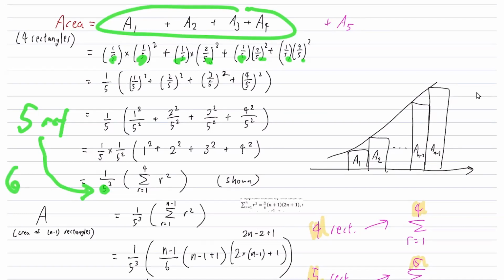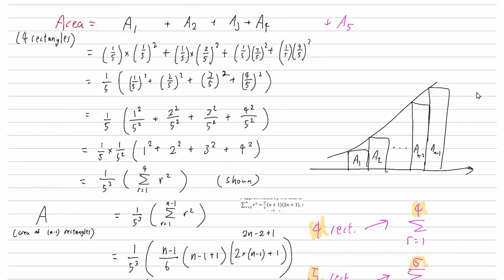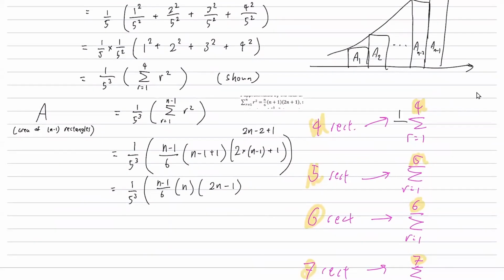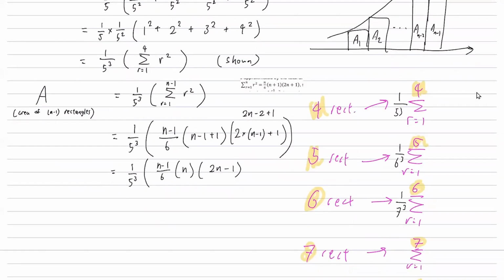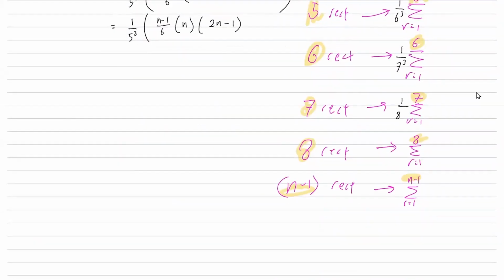If it's 6 rectangles, maybe I should write it down. Here should be 1 over 5 cube. Here will be 1 over 6 cube. Here will be 1 over 7 cube. Next one will be 1 over 8 cube. Next one will be 1 over n minus 1.